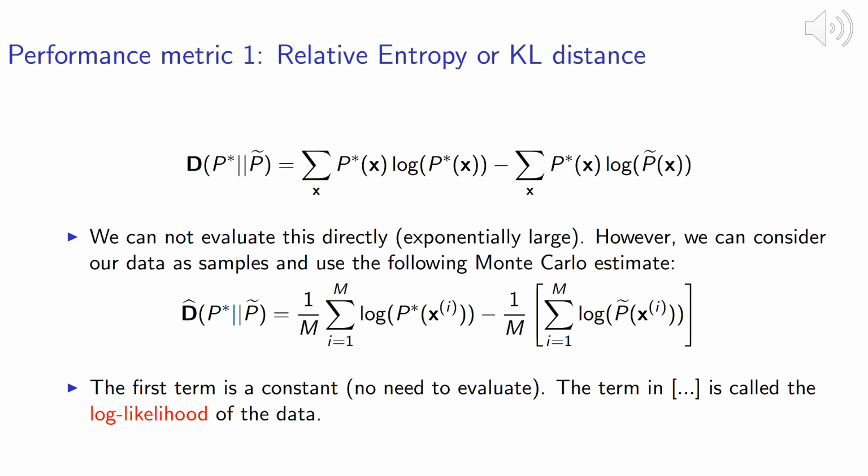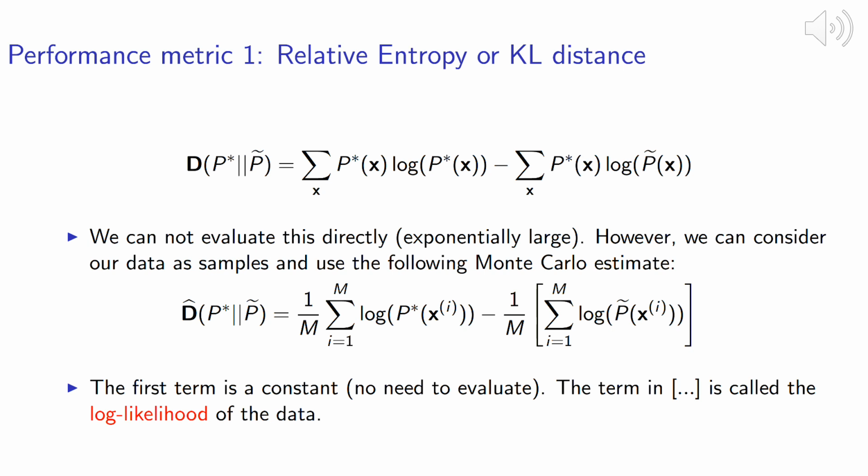And we will insist on learning models P tilde such that the KL divergence between P star, which is the data generating distribution, and P tilde is minimized. The definition of the KL divergence between P star and P tilde is given on the slide.